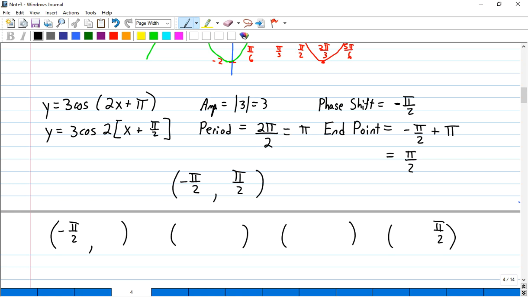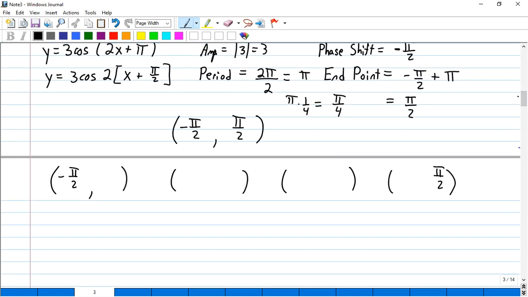That's right, because it's the width of each subinterval. Dividing by 4 and multiplying by 1/4 are the same thing. So that is how much we're going to add each time. We're going to add pi over 4 to the first significant point to get the next significant point. So here, that's negative pi over 2 plus pi over 4.